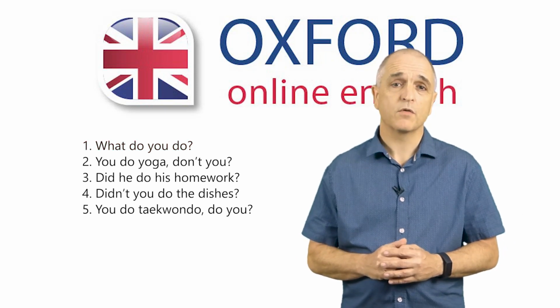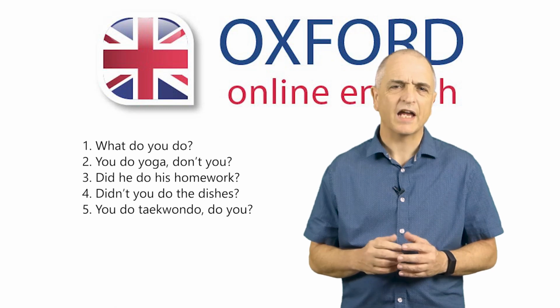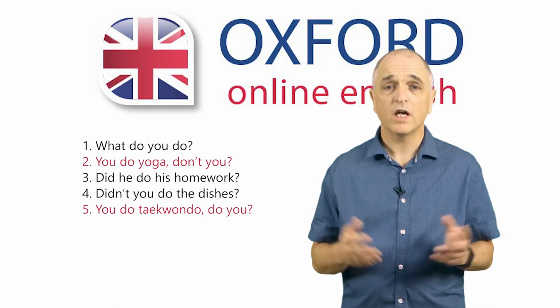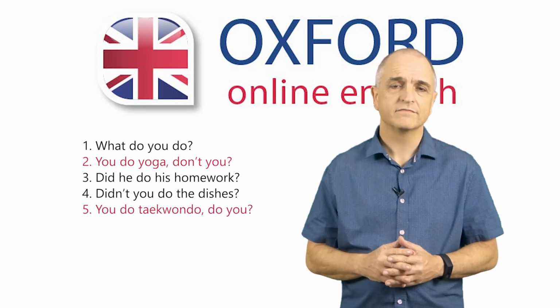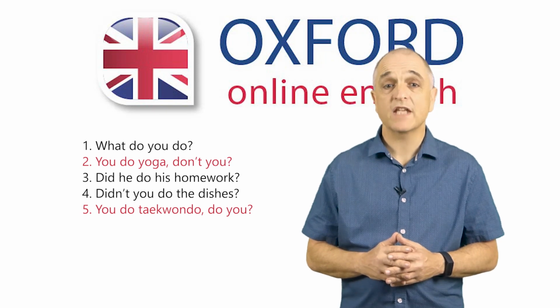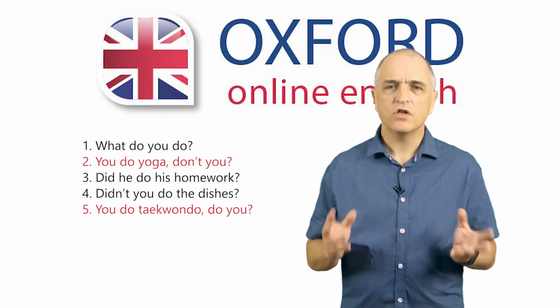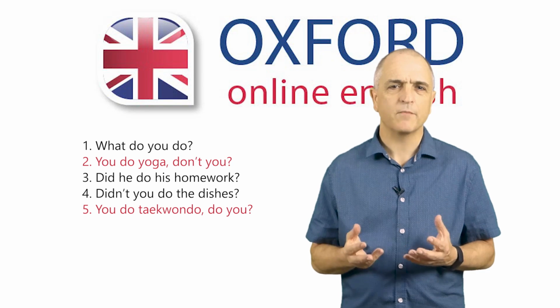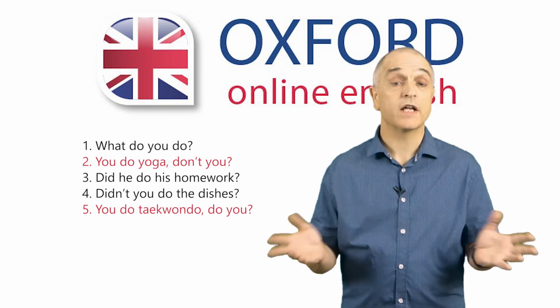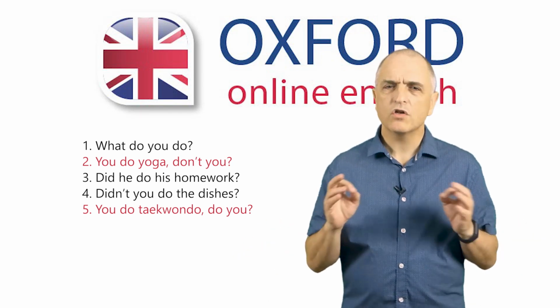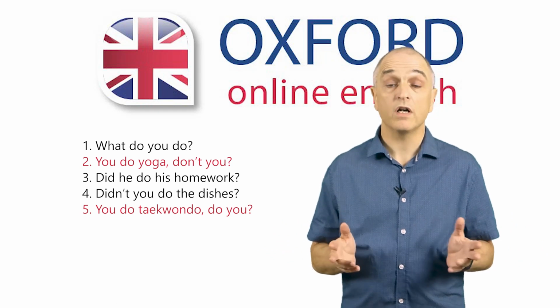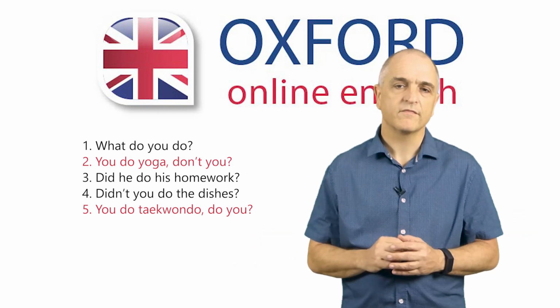You can also make questions with a question tag, like numbers 2 and 5. This can have several different meanings. You can use a tag question to check something when you think you know the answer already. You can also use it to show surprise or interest.